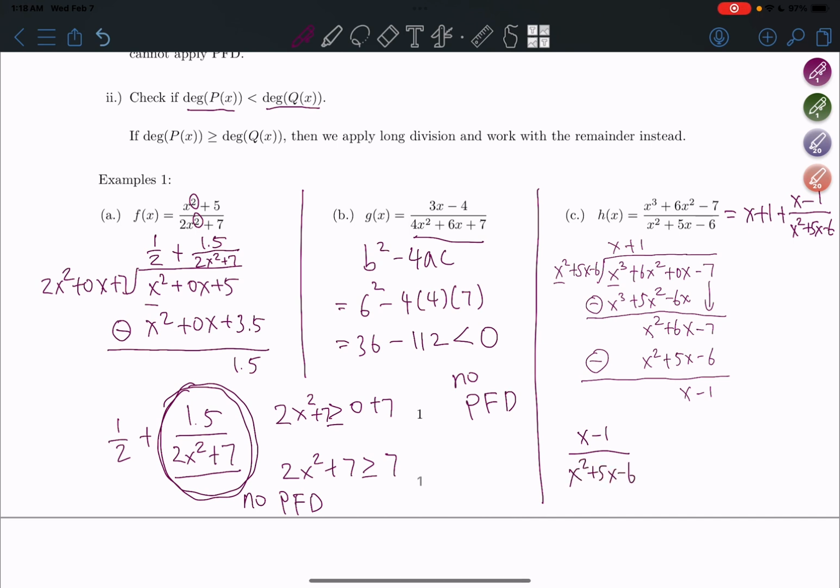And we want to factor this, right? We want to factor the denominator, and the denominator is fairly easy to factor in this case. We got x minus 1 over x plus 6, x minus 1. Let's double check.